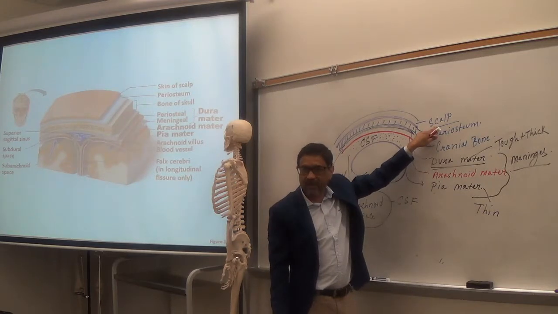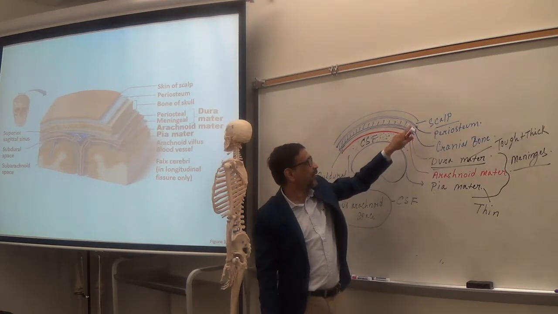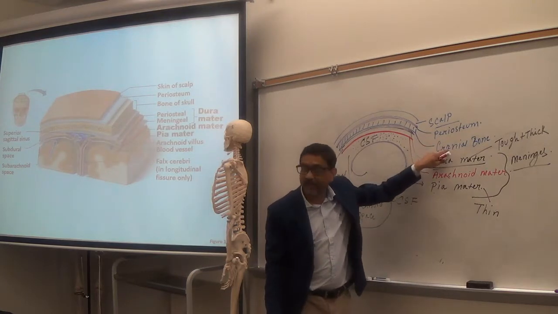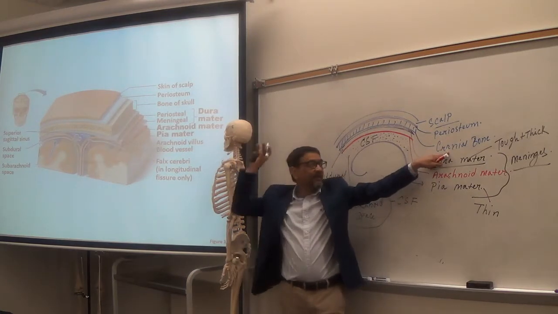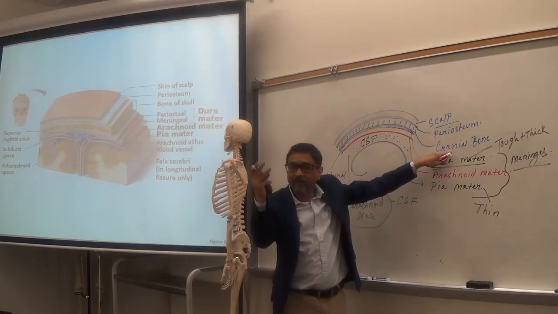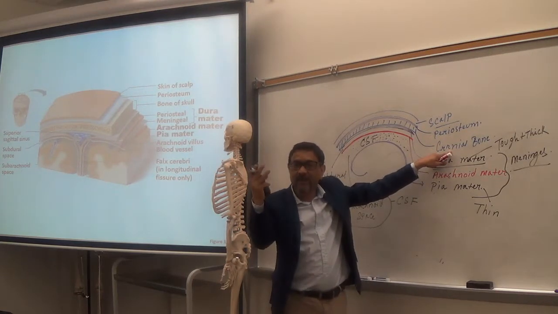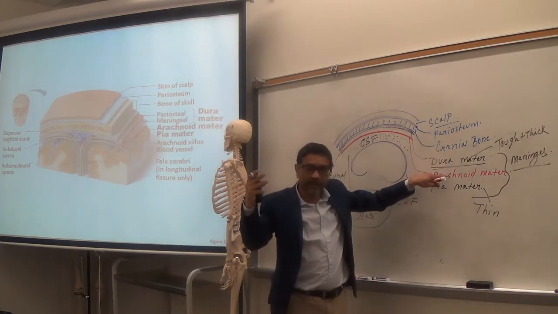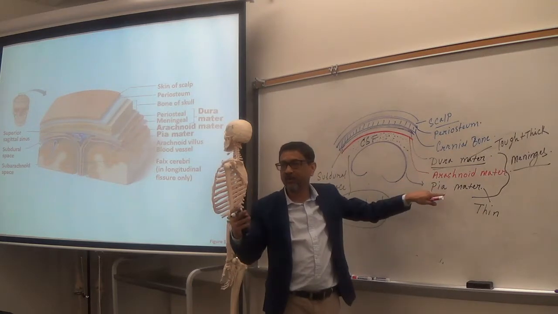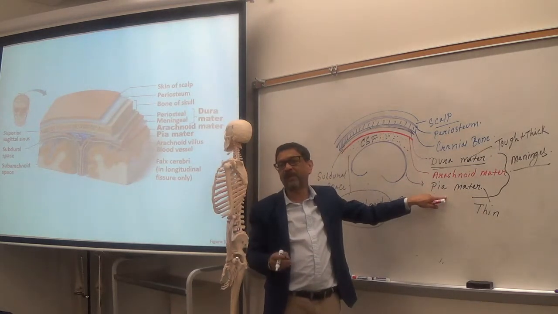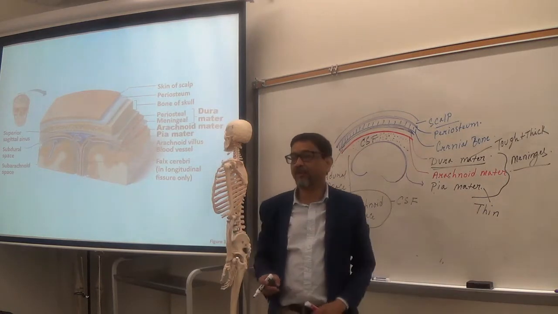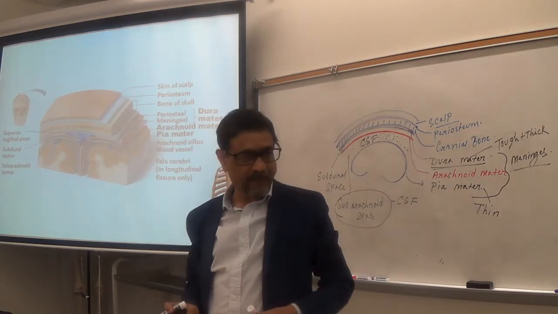Thick skin, that is called? Skull. Then you have the covering of the bone, periosteum. Then you have the cranial bone, right? Then under the bone, how many meninges? 3. Outermost is the toughest one, right? That's the dura mater. That middle one is called the arachnoid mater, and innermost thin one is the pia mater. And in subarachnoid space, you have the fluid called the cerebrospinal fluid.